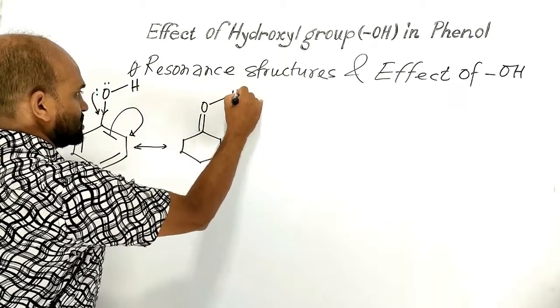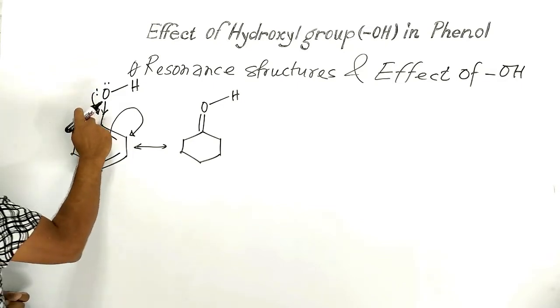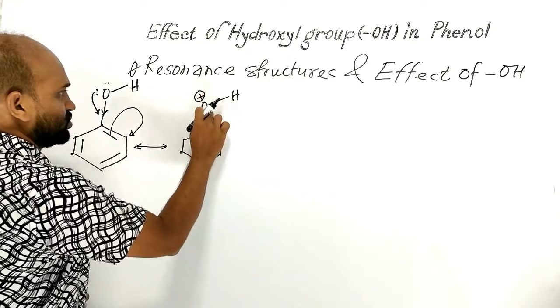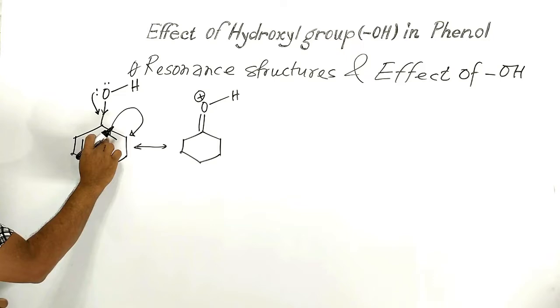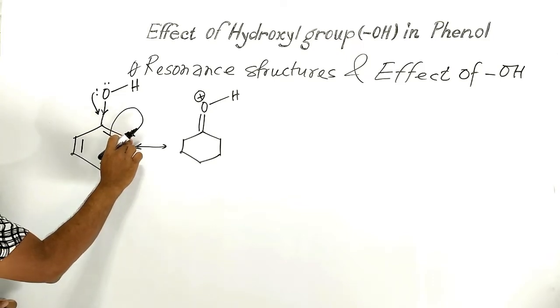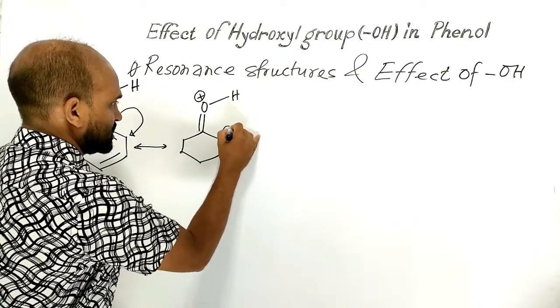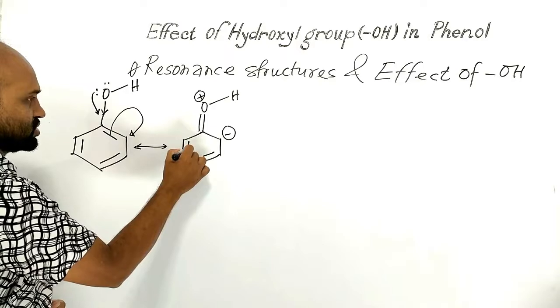oxygen hydrogen. As oxygen donated electron here, positive charge is developed over oxygen, and these pi bonding electrons move towards this carbon. That is why this carbon gets negatively charged. Here double bond, here double bond.